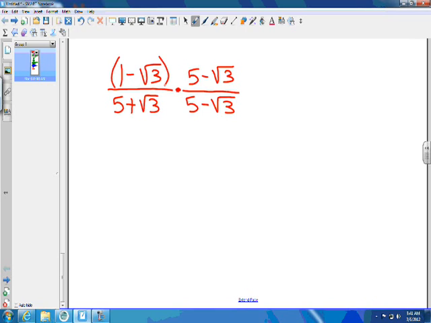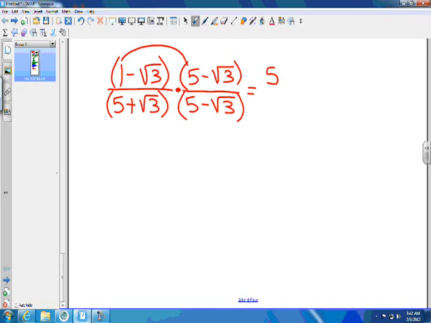I would put all 4 of those in parentheses so you know they are binomials and you are foiling them together. Will we have to foil the bottom? No. But we will have to foil the top. So first times first would give us what? Positive 5, 1 times 5.